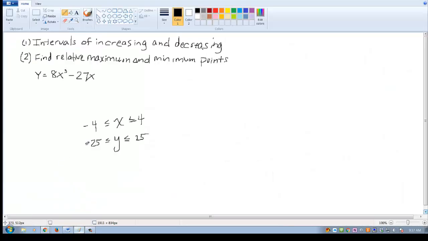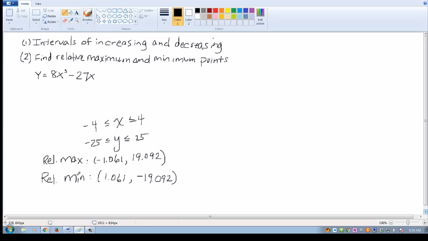So I can tell you here that you have what's called a relative max at the point -1.061, 19.092, and you have a relative minimum point at 1.061, -19.092.